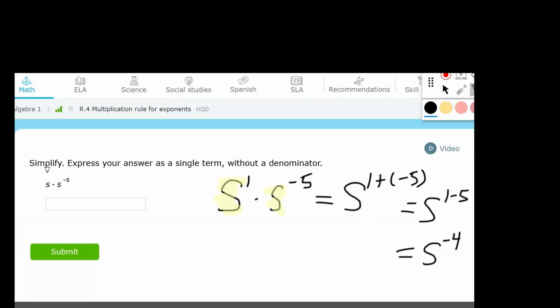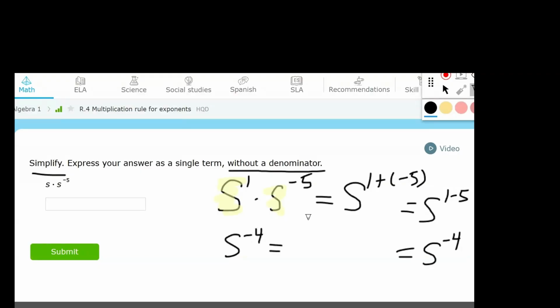Now let's read what the question says. Simplify, express your answer as a single term without a denominator. So in a later video, I'll talk about how we can rewrite this negative exponent as a fraction. But for now, for this particular problem, you can leave it as s to the negative 4 because it doesn't want a denominator. We can rewrite this using positive exponents by kicking it down into the denominator.